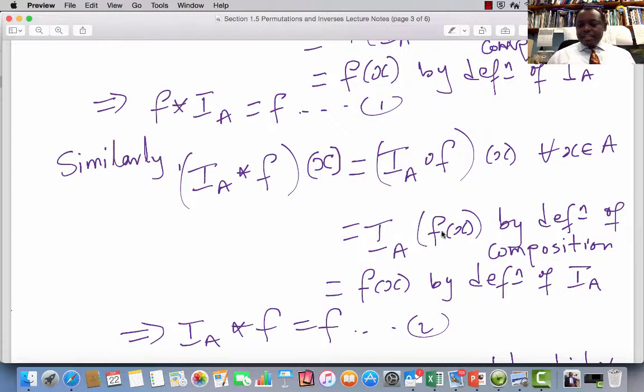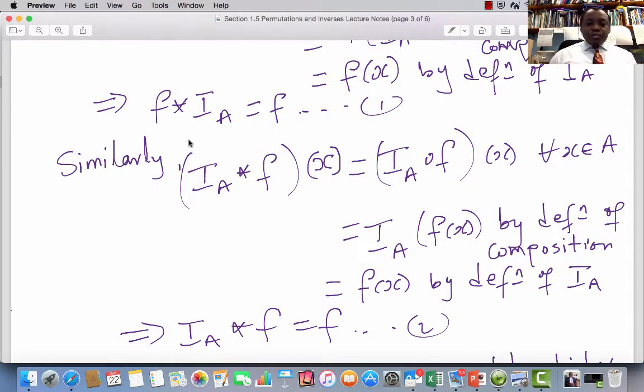But remember that I_A is a mapping from A to A, and f(x) is an element in A. So what does I_A do when it comes in contact with any element from A? It simply gives back that same element. So I_A(f(x)) simply equals f(x). But this holds for every x in A. What does that mean? I_A star f equals f.